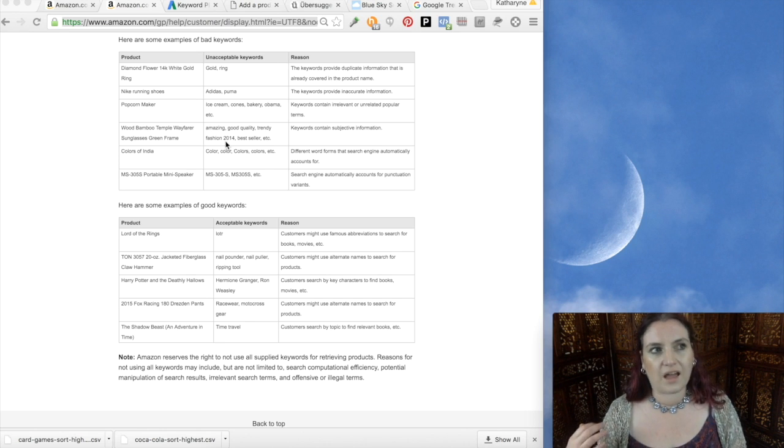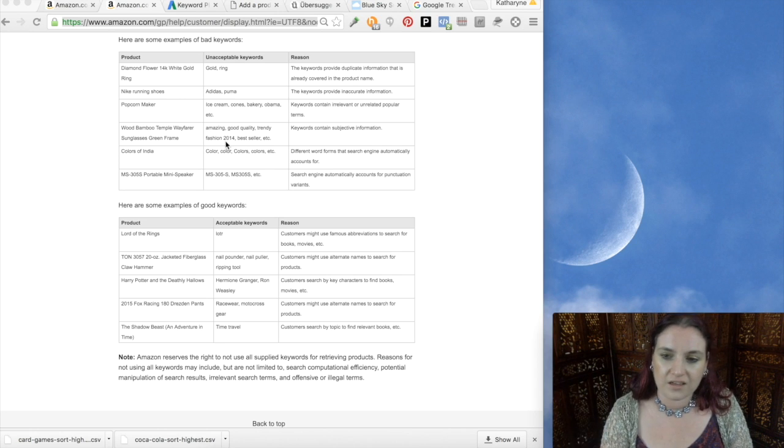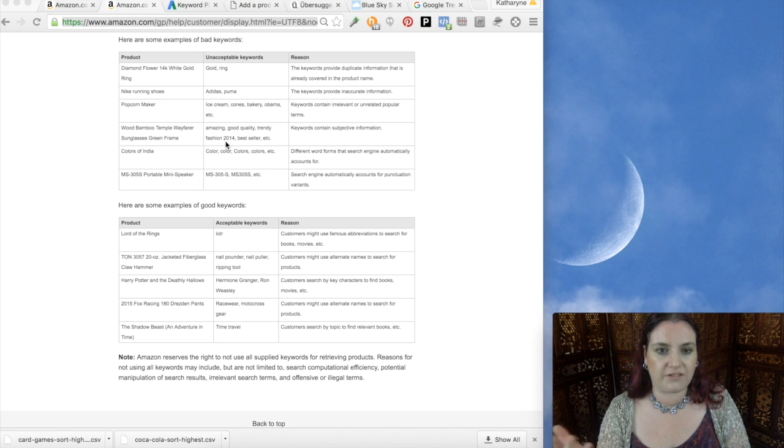The only thing that I have found is that, particularly with things like children's clothes or toys or teddy bears, I have sometimes found that words like cute can be something that people search for, like they might say cute teddy bear or cute Easter bunny. So I don't know if this is 100% something I would agree with here.